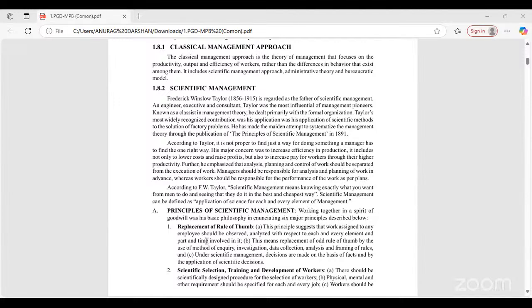This is what Taylor said. Okay. What exactly you want from men, and you coordinate and control them in such a way that they do it. And you also see that they are doing it in the cheapest form, I mean, not incurring additional expenditure.